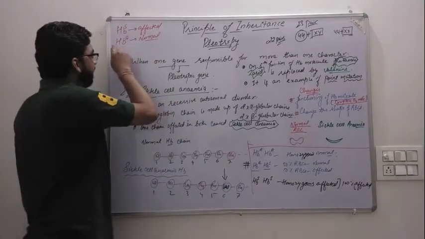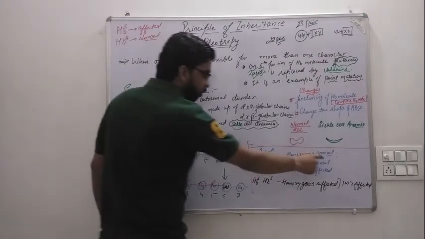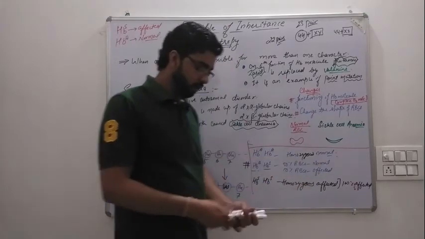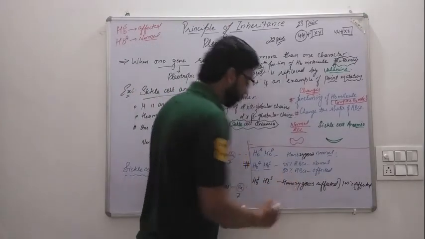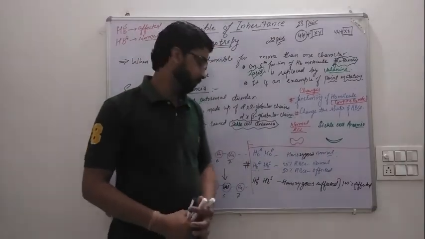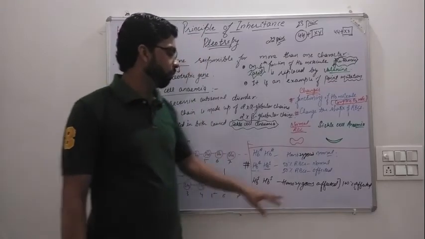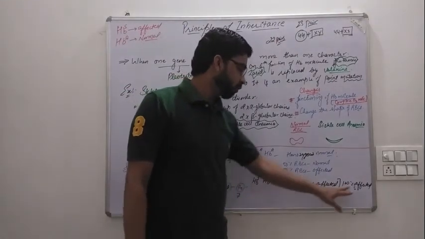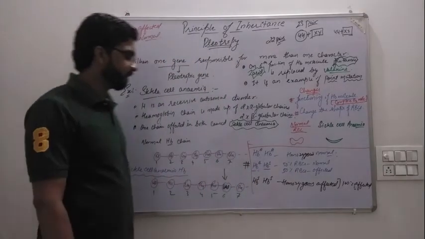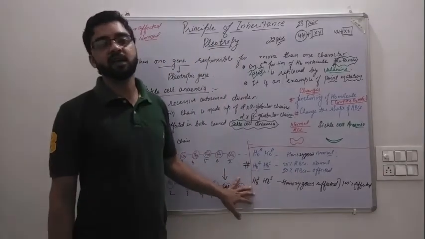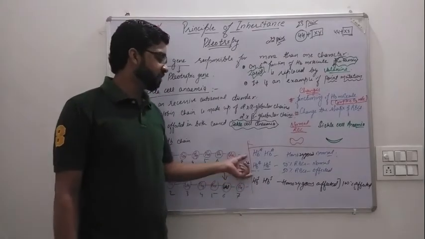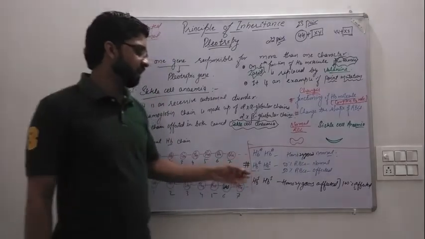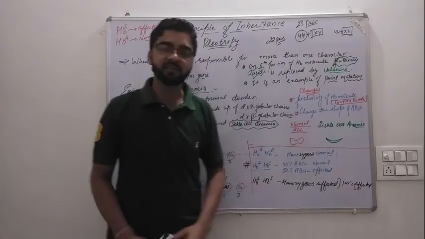In HbA and HbS, HbA represents the normal condition, 50% of RBCs being normal, while HbS represents the affected condition, 50% of RBCs being affected. If the hemoglobin molecule is HbS throughout, 100% of the individual is affected with sickle cell anemia, and such a person will not survive for long. So the heterozygous HbS condition causes sickle cell anemia because it carries 50% normal and 50% affected.